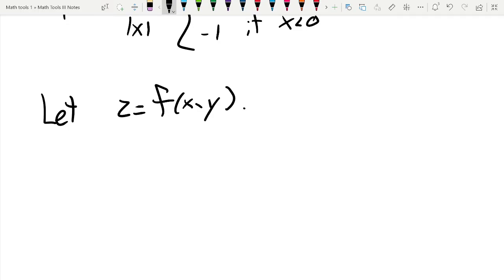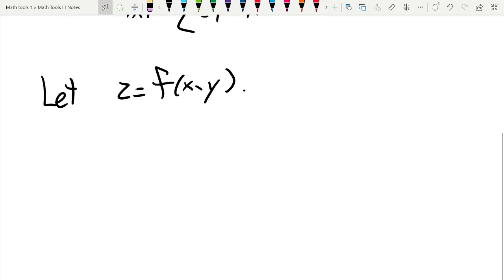So we're still going to have the same general idea, though, of setting the derivatives equal to 0, but we're going to have to take both of the derivatives into account, okay?